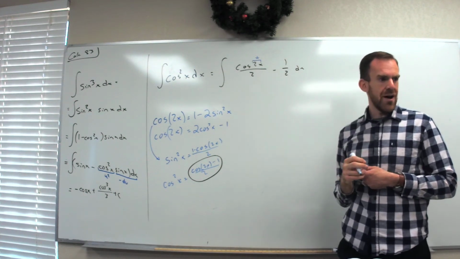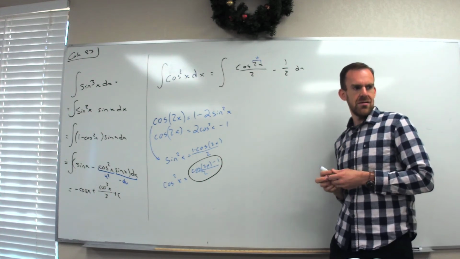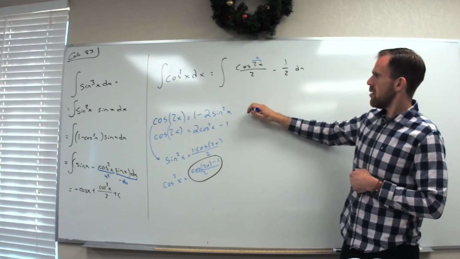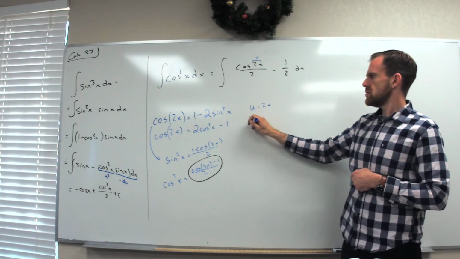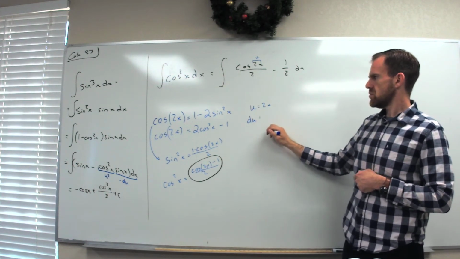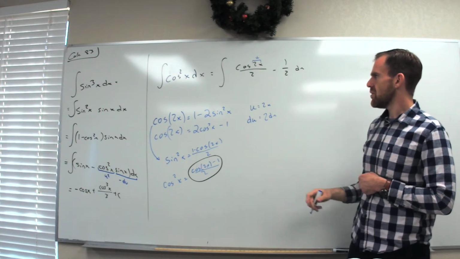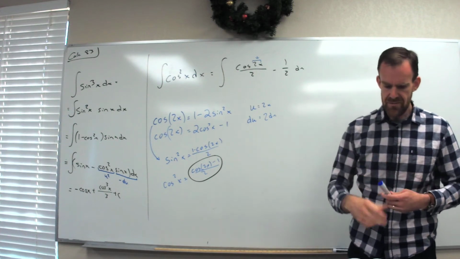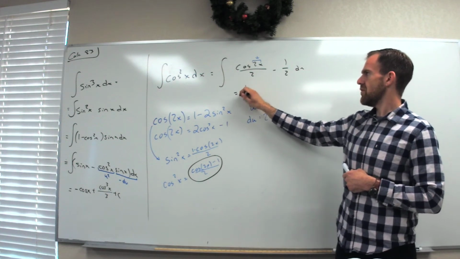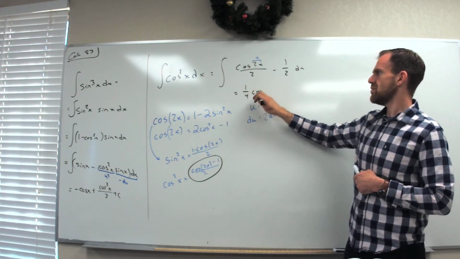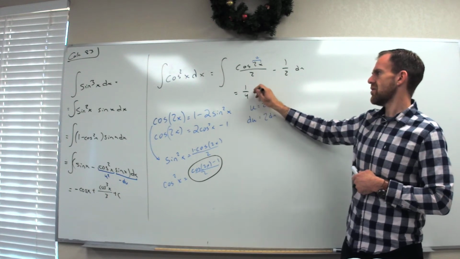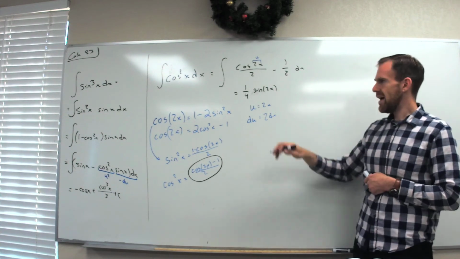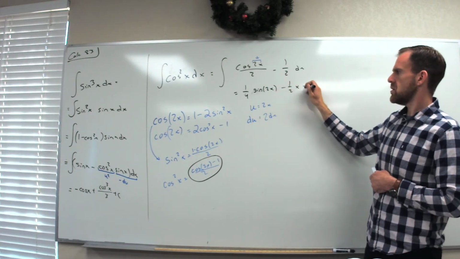We'll make u 2x, which means du is 2 dx, right? So I'm going to have to divide by 2 again here. So this guy is 1/4 sine. The integral of cosine is sine. What's the integral of 1/2? 1/2 x plus c.